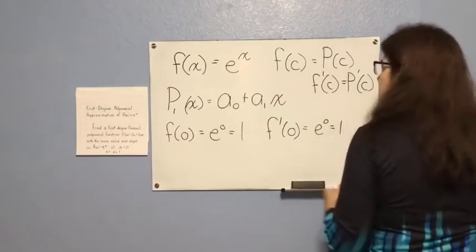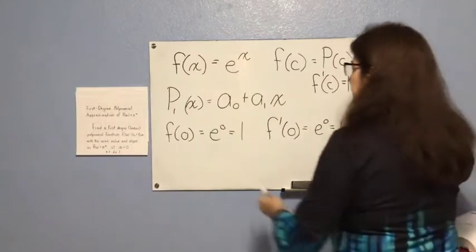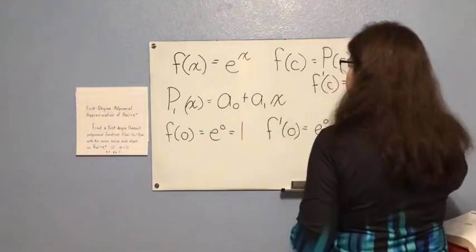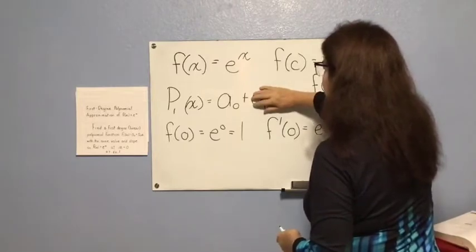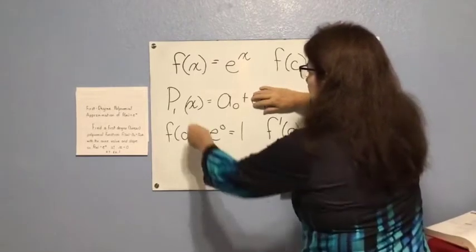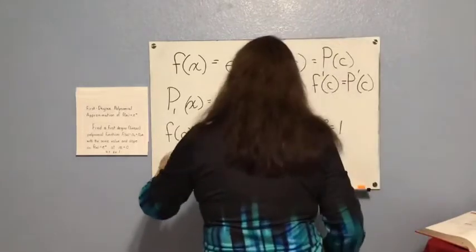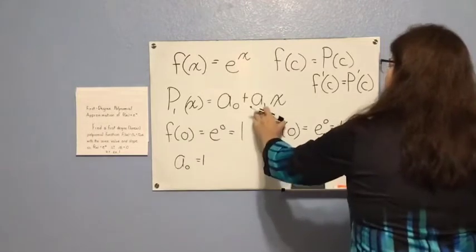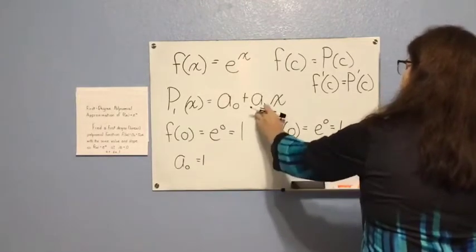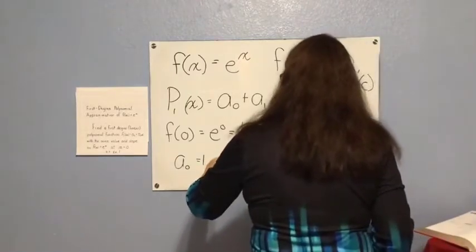Okay, so looking at the conditions that I've set up, if f of 0 is 1, this term is going to be left out, and if p of 0 is going to be 1, then a sub 0 has to be 1. So a sub 0 is 1, and then I know that a sub 1 represents the slope or the first derivative, so that's also going to have to be 1.